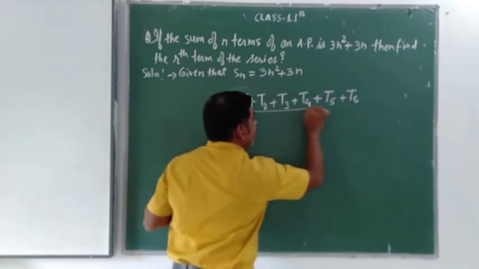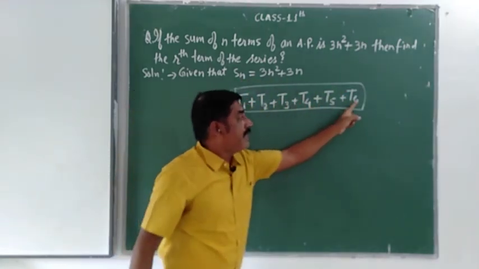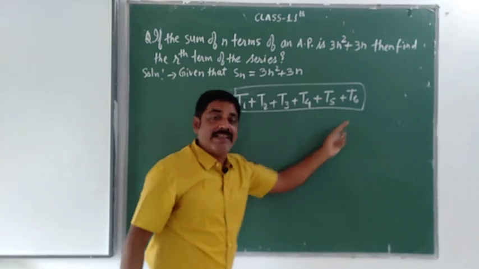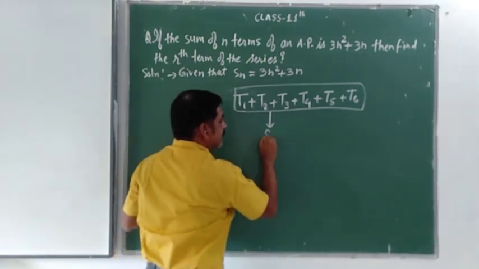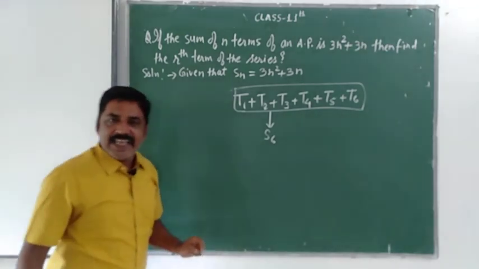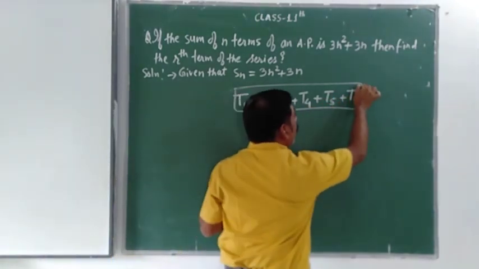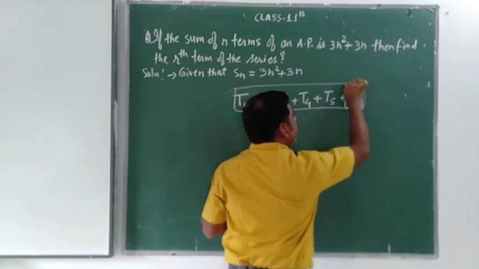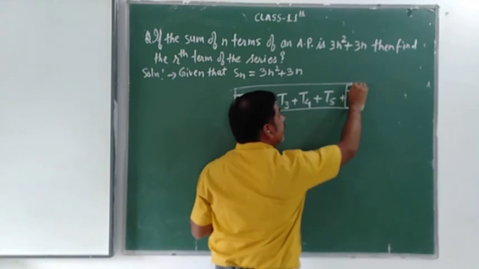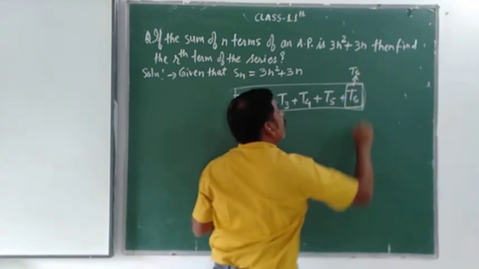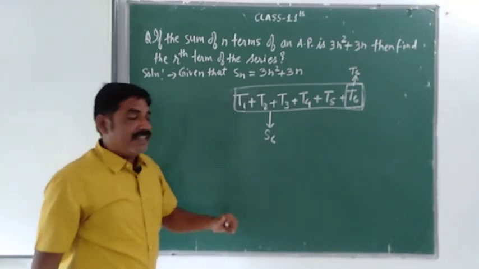Now we can say their sum is the sum of 6 terms, so S6, right? Now we have to find only T6.